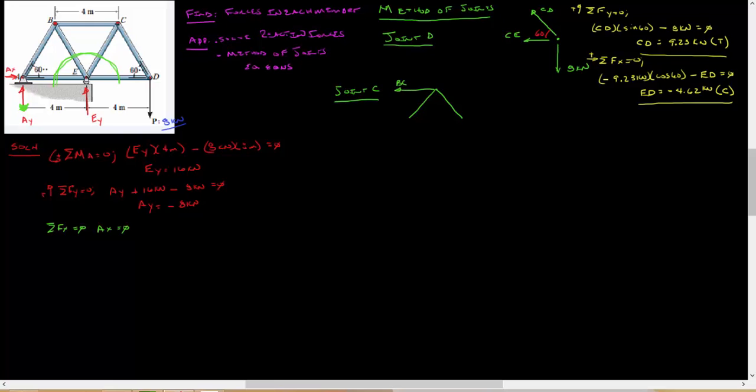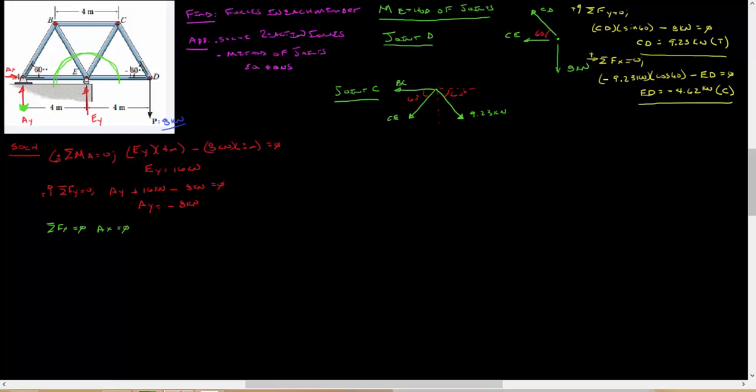We know that CE is also something we're going to have to solve for. And we know that CD was in tension, so we draw it in tension, and we know that it was 9.23 kilonewtons. We also know that this is 60 degrees and this is also 60 degrees.